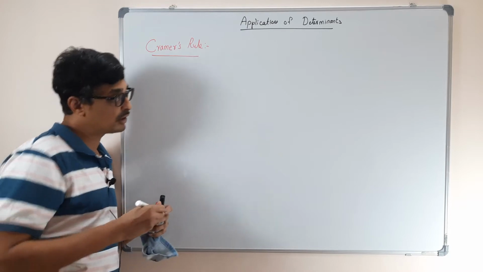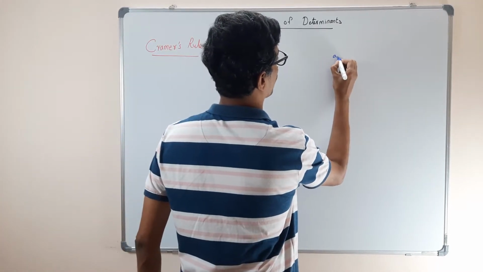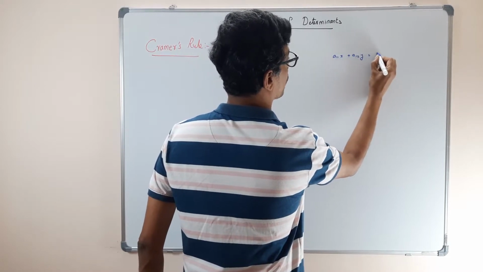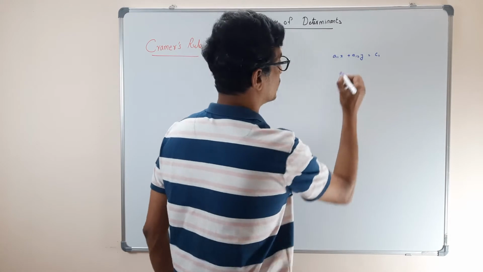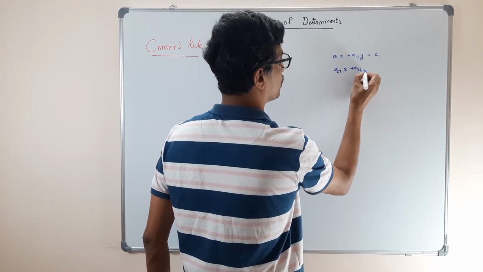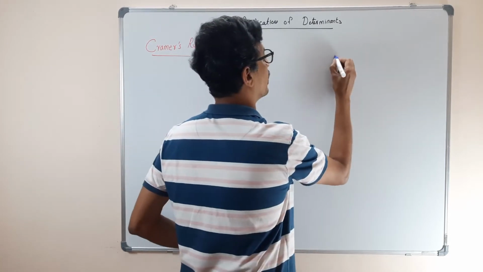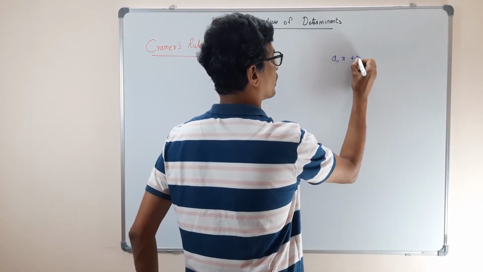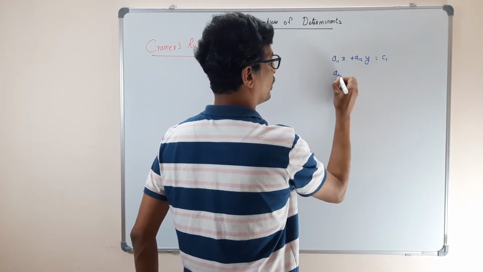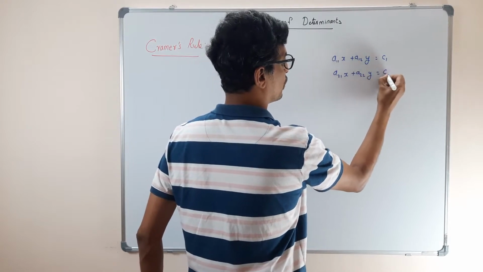If you remember, what we did is something like this. We had a11x plus a12y equal to c1, and a21x plus a22y equal to c2.